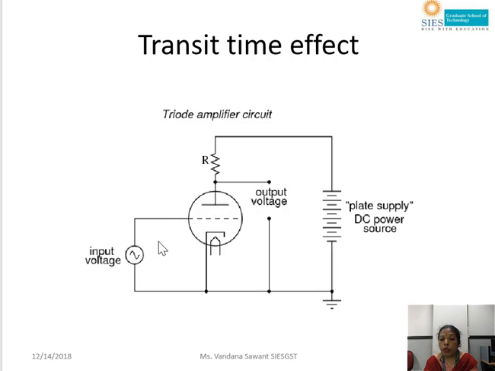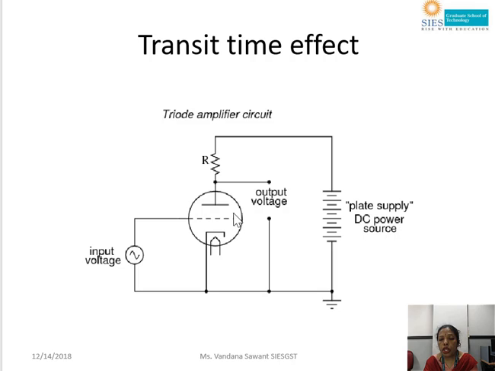But if the frequency increases above 1 gigahertz, what will happen on the grid? 1 gigahertz has a time period in nanoseconds. So on the grid, the positive voltage will remain for a very small time. Then immediately it changes to negative, then again positive, then negative.